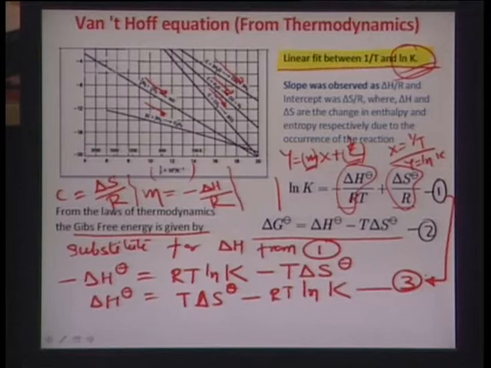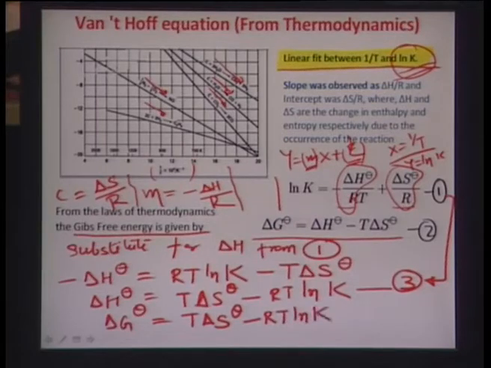If we put this 3 in equation 2 to find what the delta G value would be, then delta G theta can be represented as T delta S theta minus RT ln k minus T delta S theta.